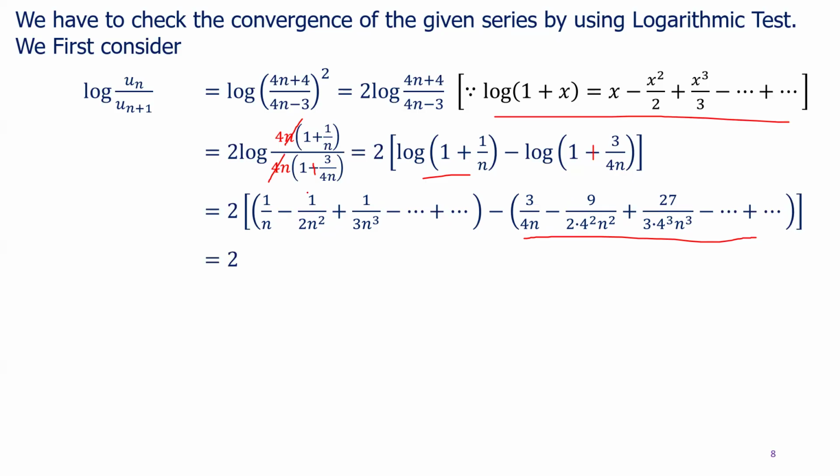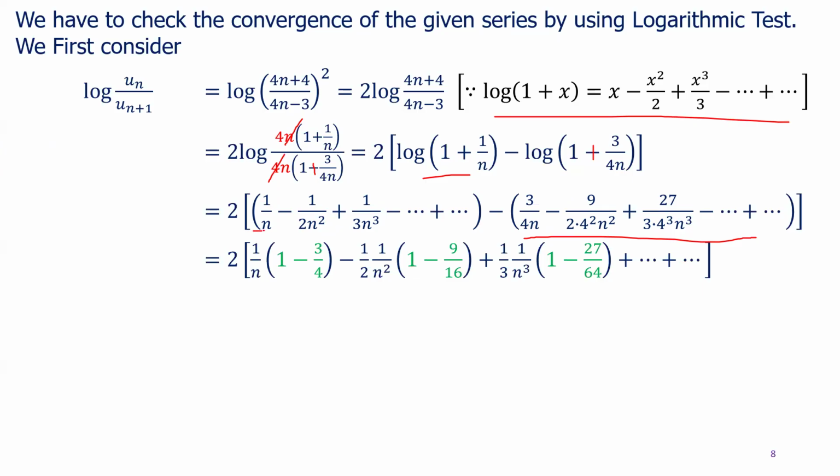And if we simplify this, we take 1 by n outside, so 1 minus 3 by 4, the first terms of both series. If we take 1 upon 2n square outside, here 1 is remaining, and here 9 upon 16 is remaining. Similarly, we take 1 upon 3 into 1 upon n cube outside, then 1 minus 27 upon 64 will be remaining.